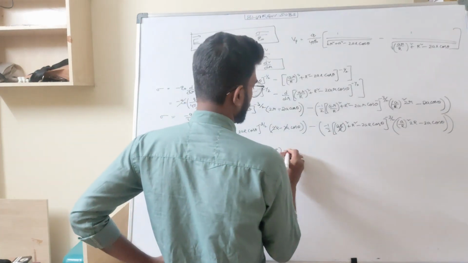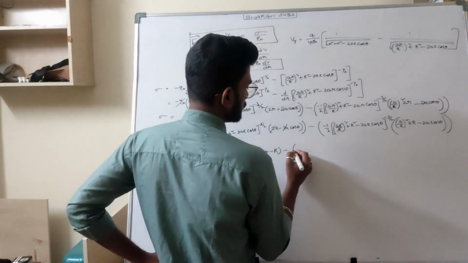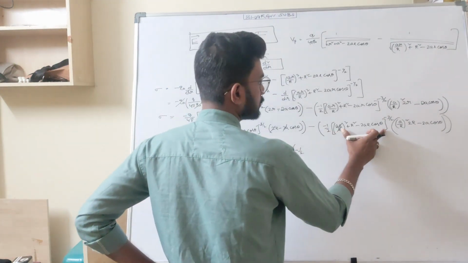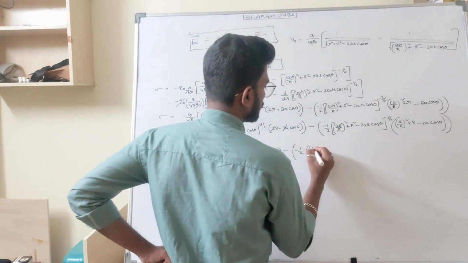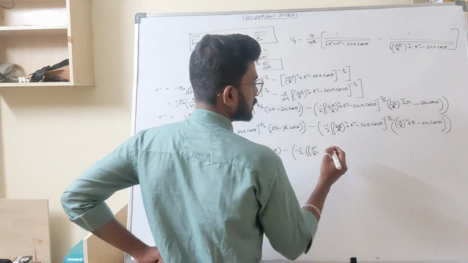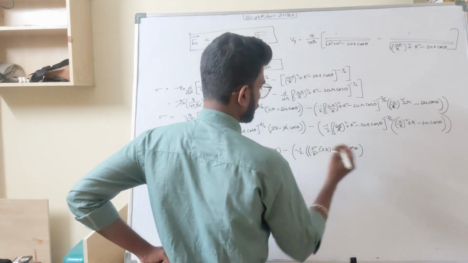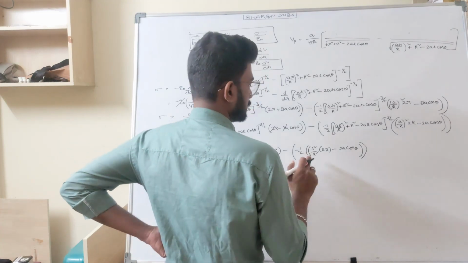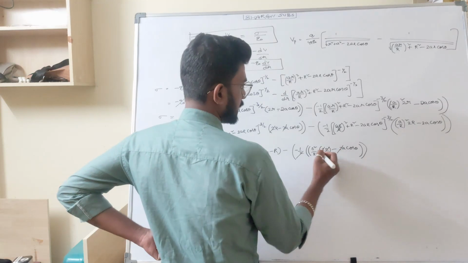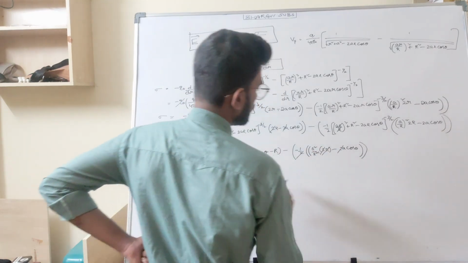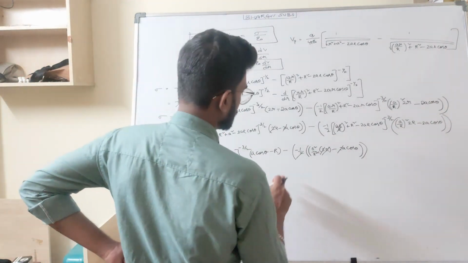So here minus, again, see minus 1 by 2, so I took this as common outside. Inside what was there, a square by r square into 2r minus 2a cos theta, correct. So if I cancel the 2, and one r gets cancelled, I will get a square by r minus a cos theta.